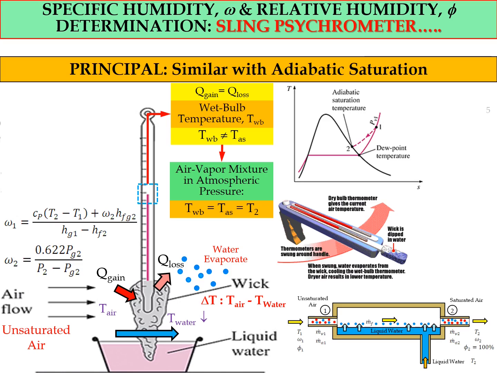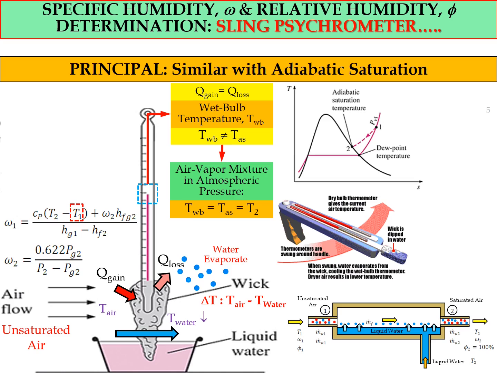We also have the formula for omega 2: omega 2 equals 0.622 Pg2 divided by P2 minus Pg2, where Pg stands for the saturation pressure at temperature number 2, and P2 equals P1, equal to atmospheric pressure for the air.